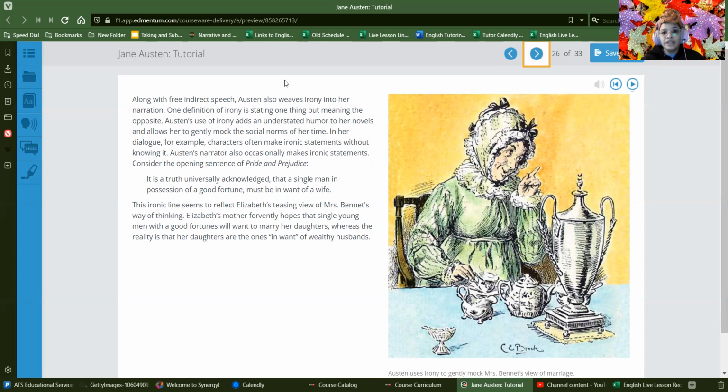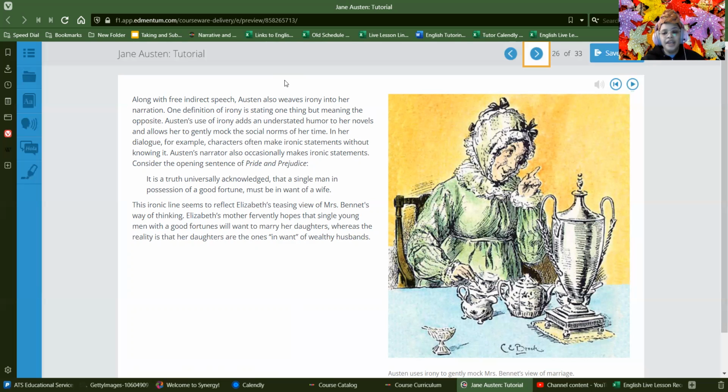Mrs. Bennet really does think that a single man in possession of a good fortune has to want a wife, but she has to hope that because she has 5 daughters that need to be married and taken care of. She wants men with good fortunes to marry her daughters. But the reality of it is that her daughters are the ones who need people to marry them.